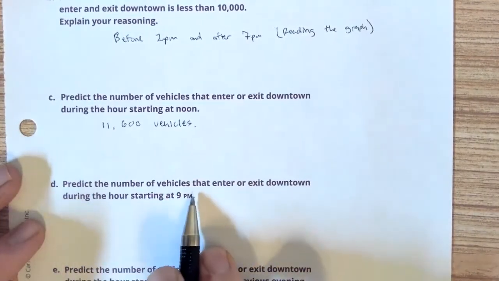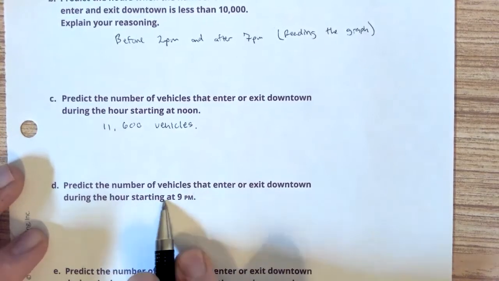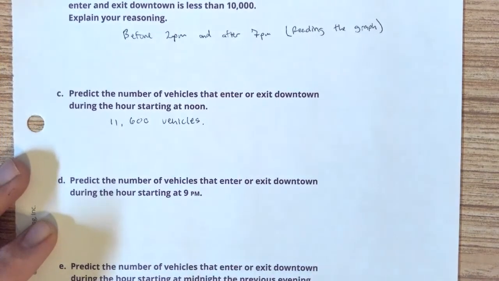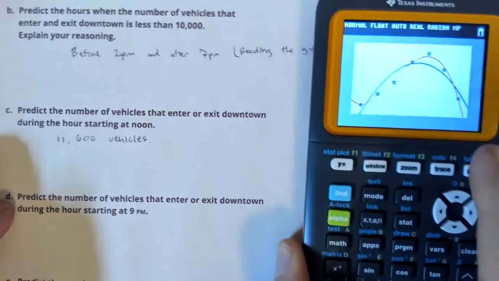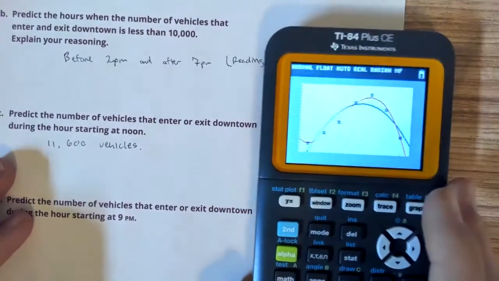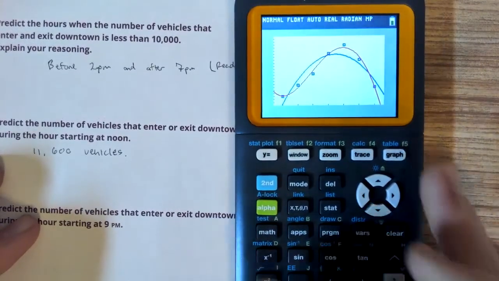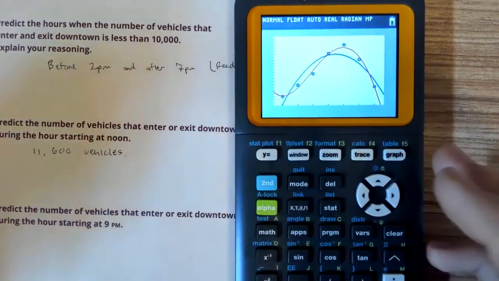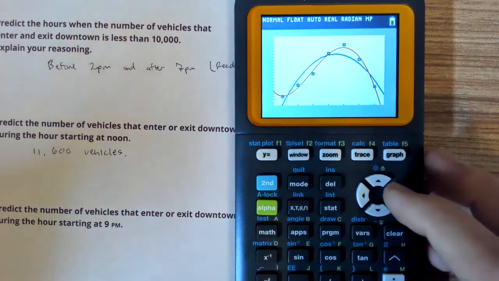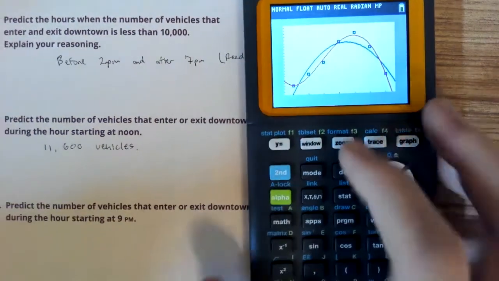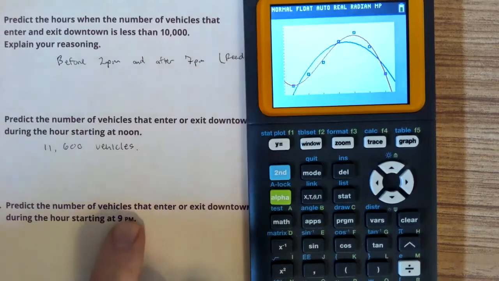Now predict the number of vehicles that enter and exit downtown during the hour starting at 9. There's a couple different ways that we can do this. What we can do is just plug in 9 for our function.